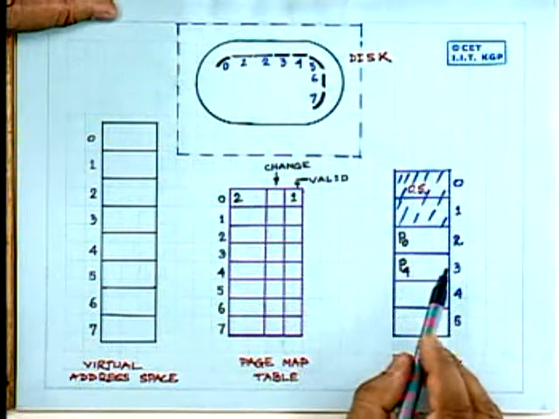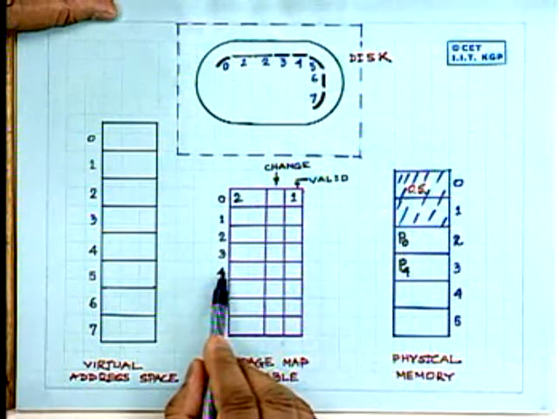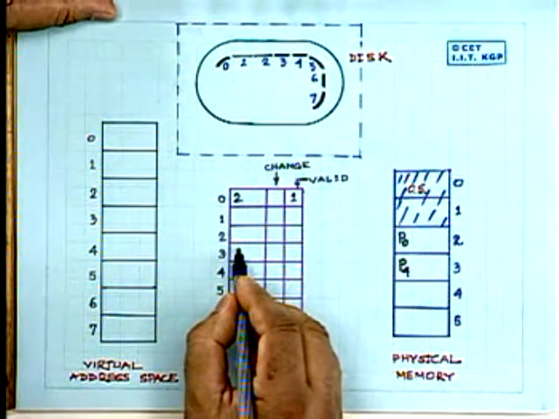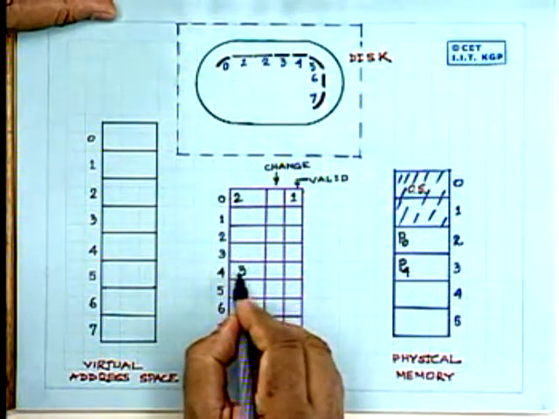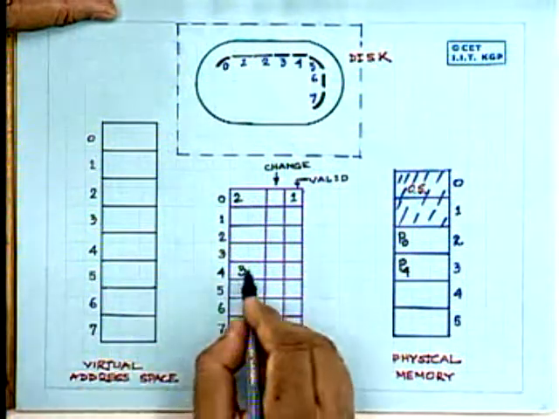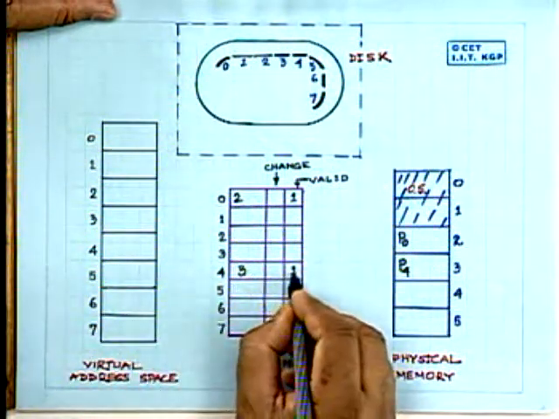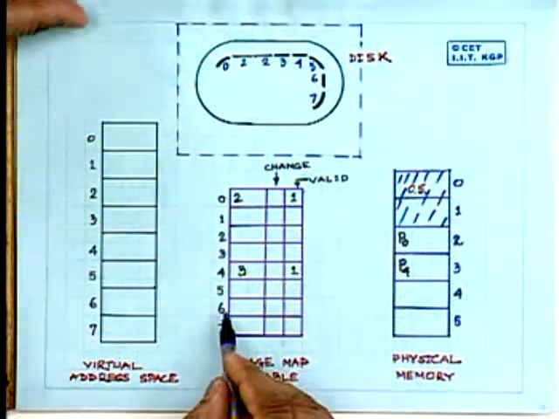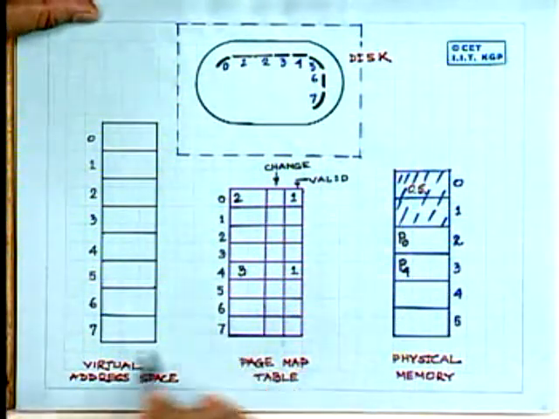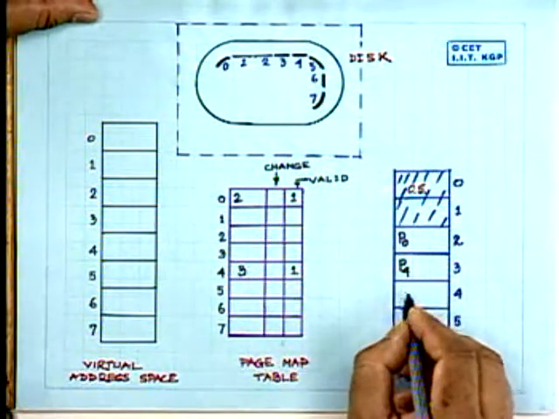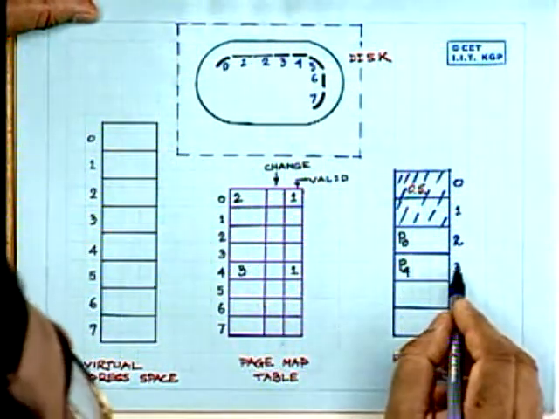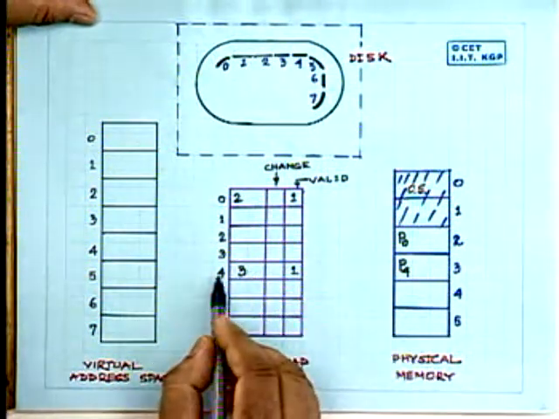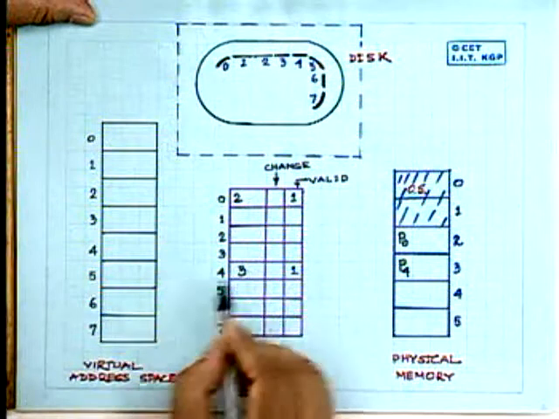And for the 4th page, the corresponding frame number 3 is inserted, the valid bit is made 1 and the execution starts once more. After some time, assume that page 7 is needed. Oh, sorry, it was page 3 that I meant to check. It's okay that page 4 is in frame 3.